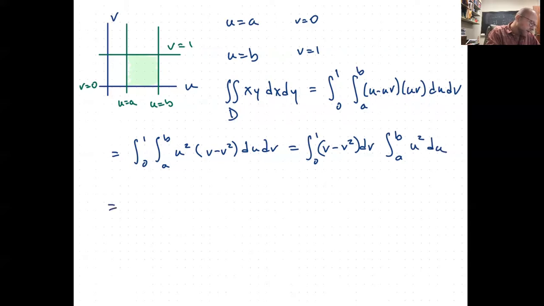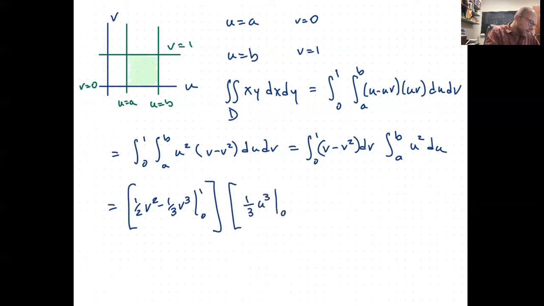So with the dv one, you end up with 1/2 v squared minus 1/3 v cubed, with v going from 0 to 1. I'll put some brackets around that, and then multiply by, on the other one, just 1/3 u cubed, going from u equals A to u equals B. So plugging in on the first one, you have 1/2 minus 1/3 is 1/6, minus 0 is still 1/6.